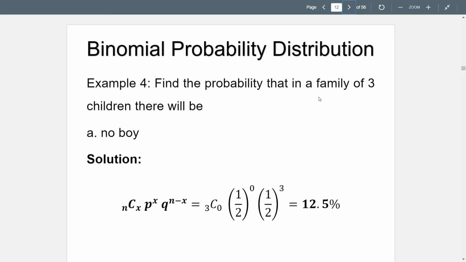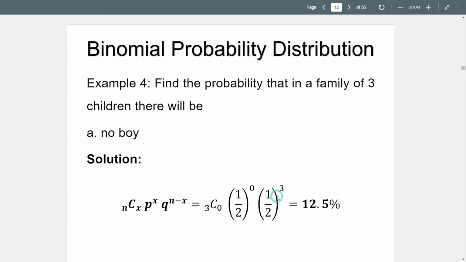Okay, so there are 3 trials, so 3 is n, and then x is no boy, so that is 0. So you have 3 C 0, and then 1/2, that is the probability of getting a boy, with the number of successes in that trial being 0. And then the probability of failure, which is 1 minus p, or 1 minus 1/2, is still 1/2.